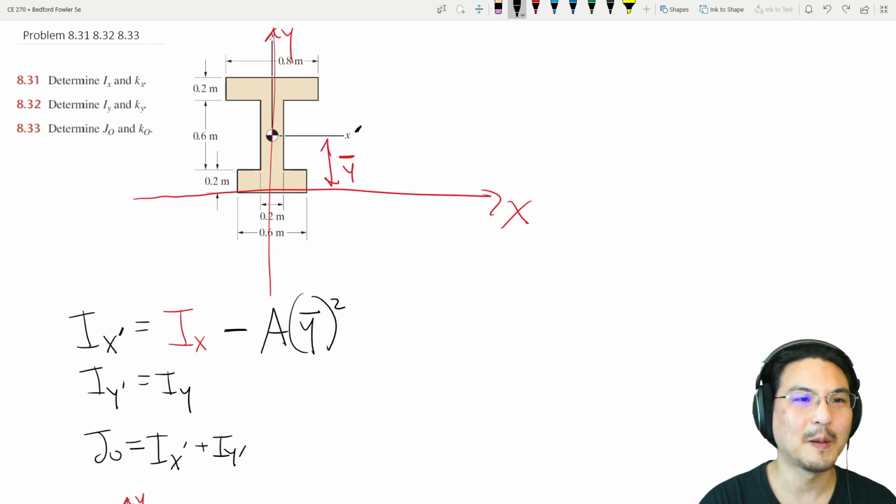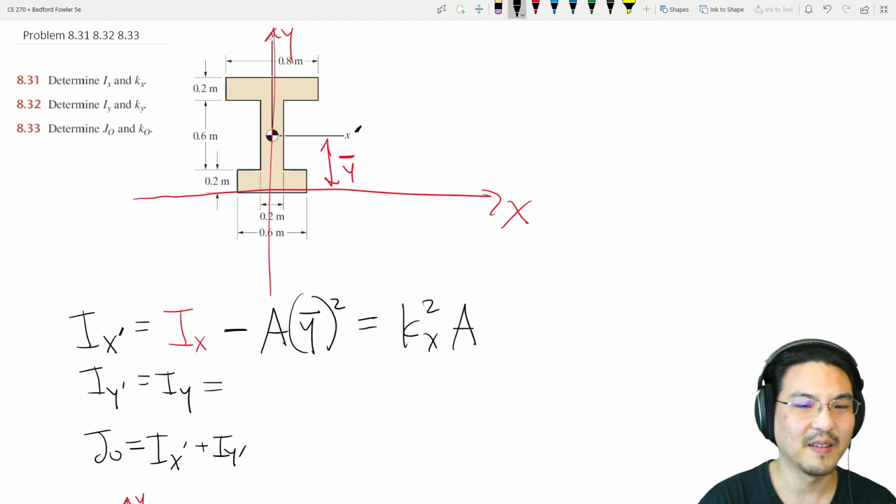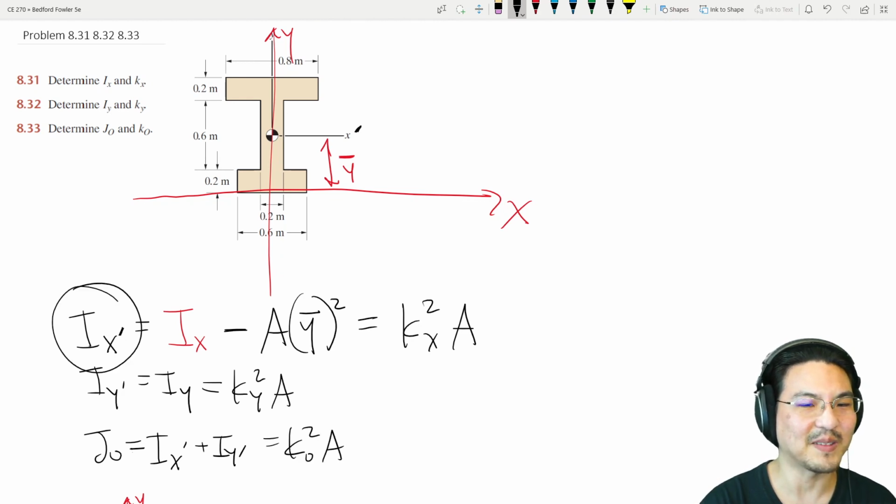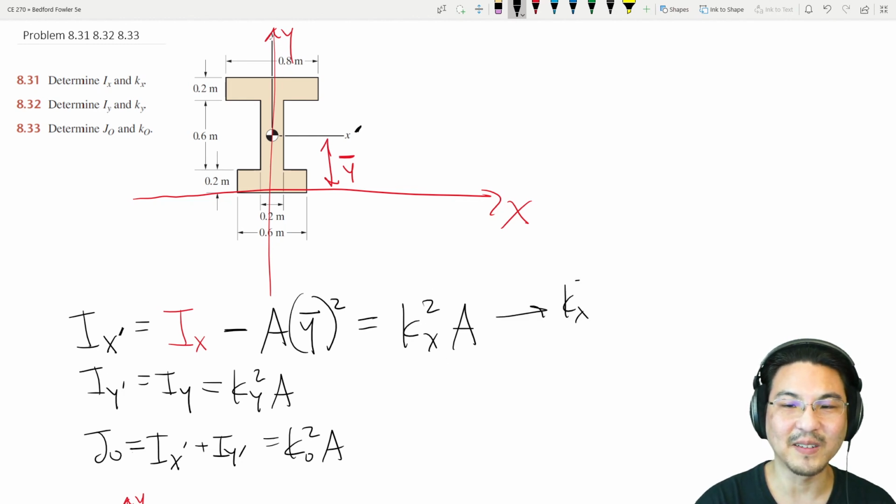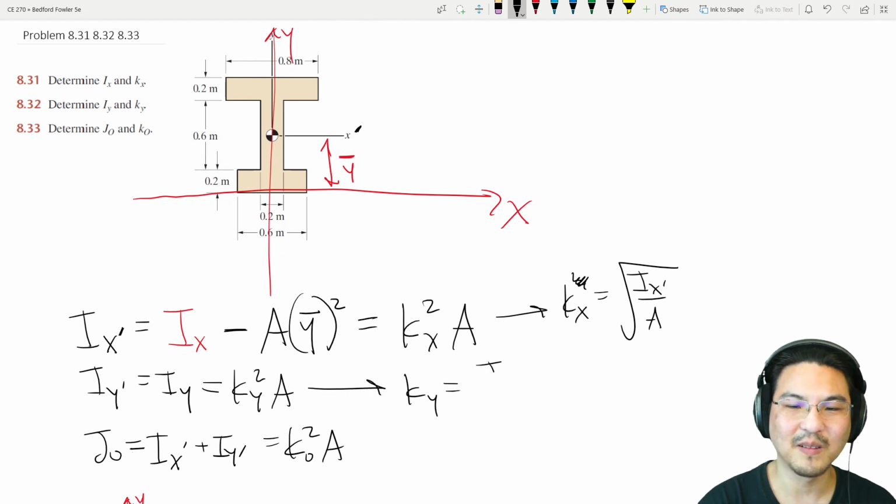Okay, so the radius of gyration, if you have something that looks like, right, so it's this squared times A. This squared times A. This squared times A. Right, so if you have this answer and you have this answer, then that radius of gyration squared is Ix over A, and then just square root the thing. Right, same here. Okay, this would be Iy over A, and then square root. Same over here.